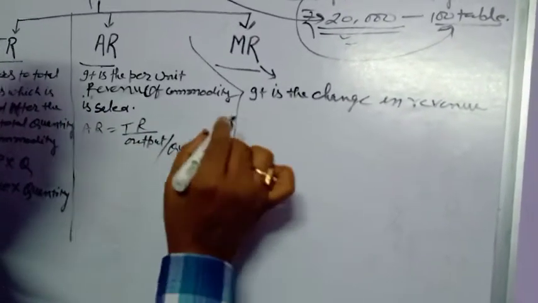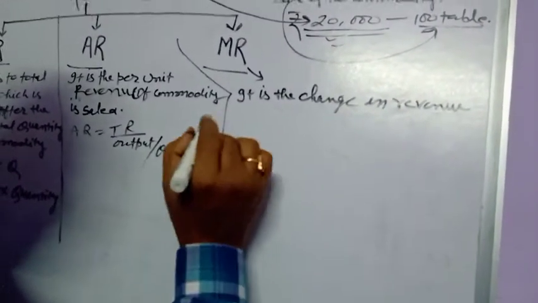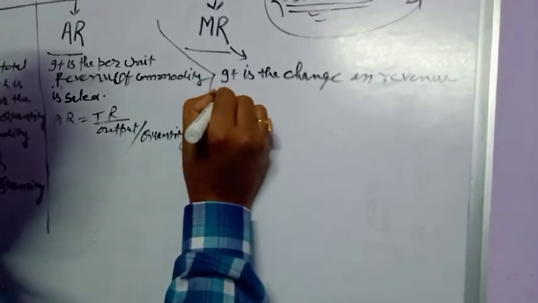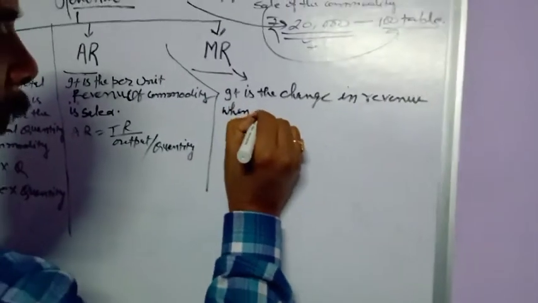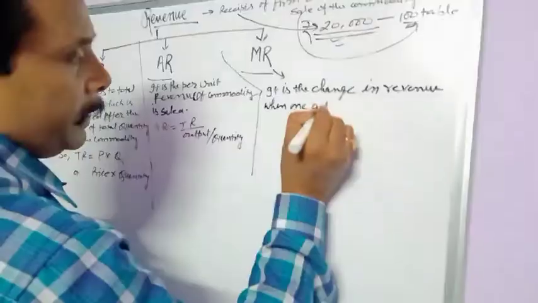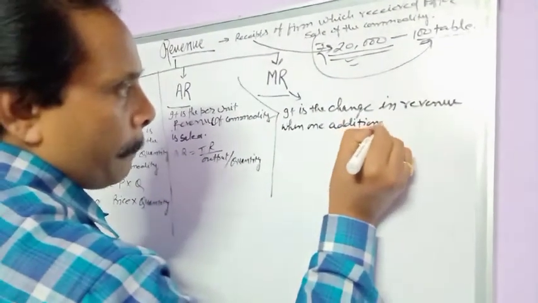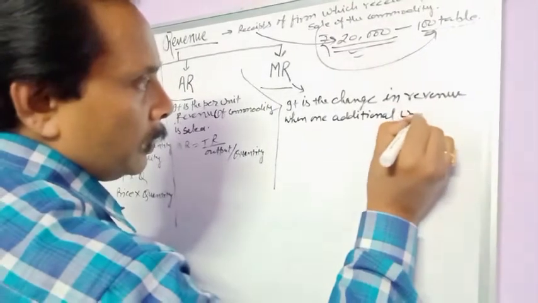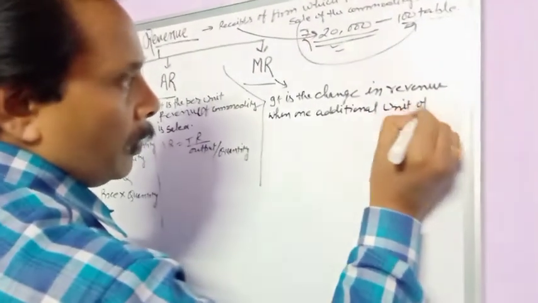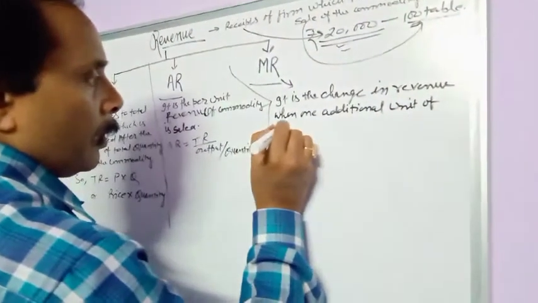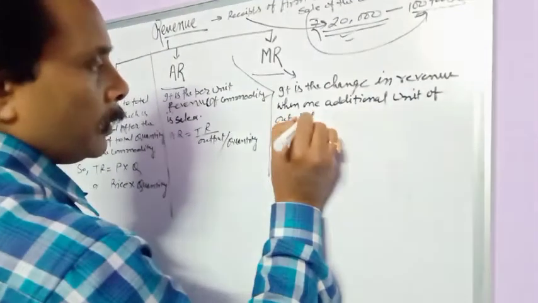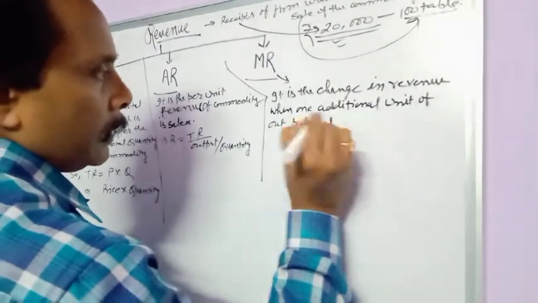So here it is the change in revenue when one additional unit of output is sold.